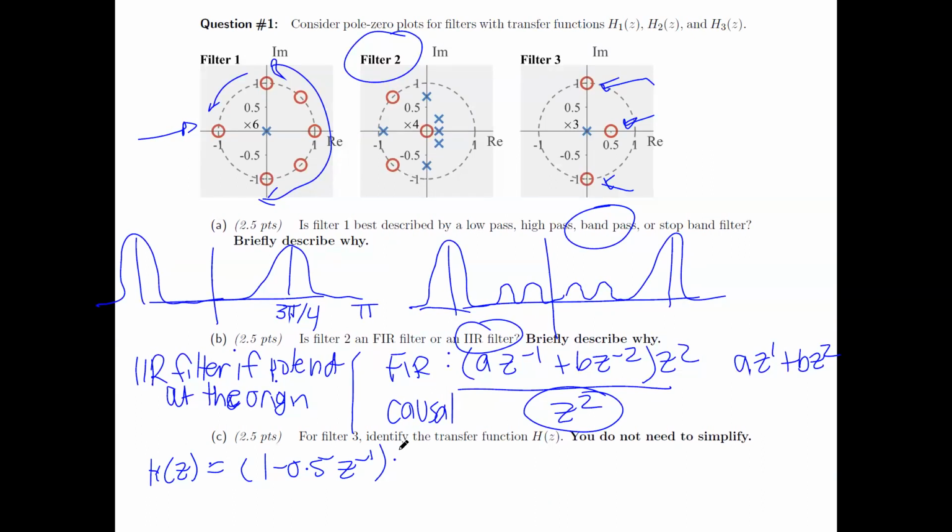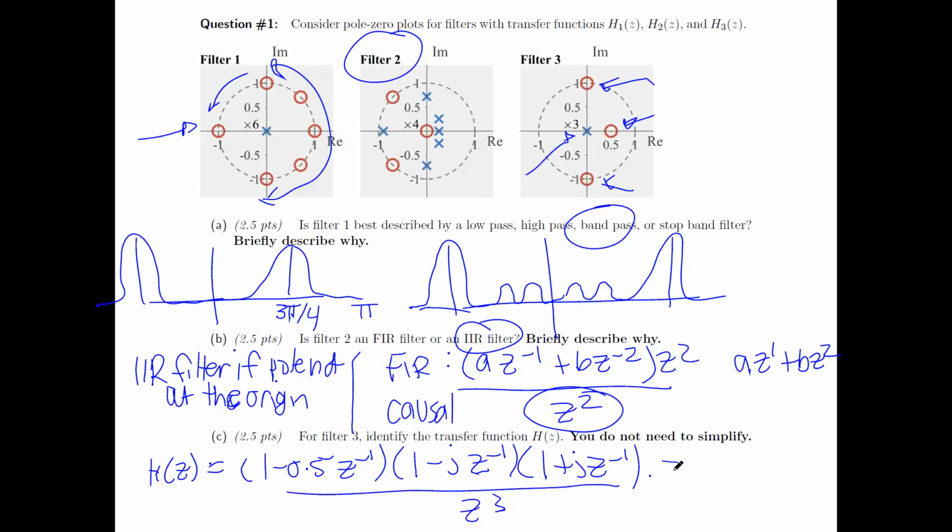Let's do the top one now. 1 minus j z to the negative 1, and then the bottom one, 1 plus j z to the negative 1. If you're worried about this pole, for example, then you'll realize it's actually already built into this answer, because if you interpret it as multiplying this by z cubed over z cubed, then this takes care of the pole. So you're good to go.